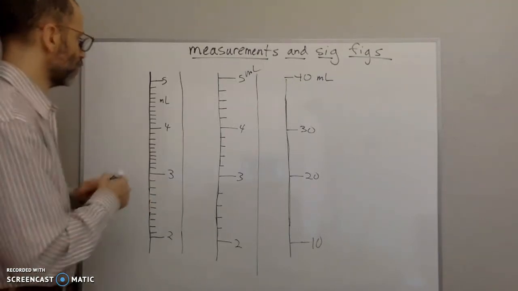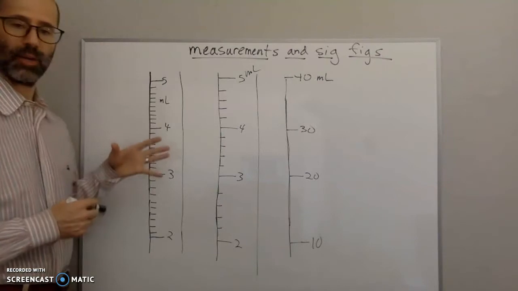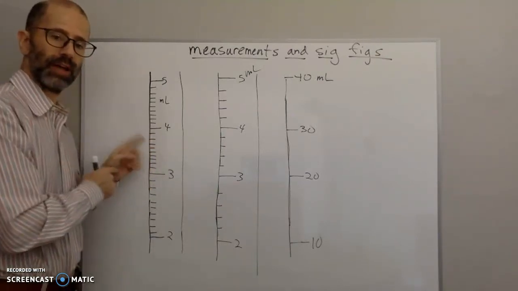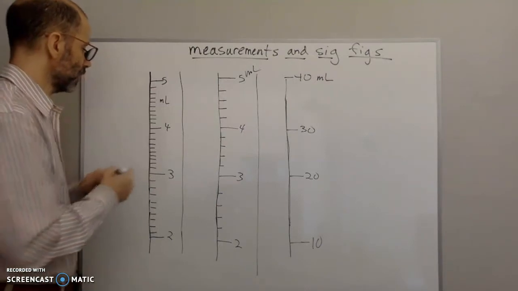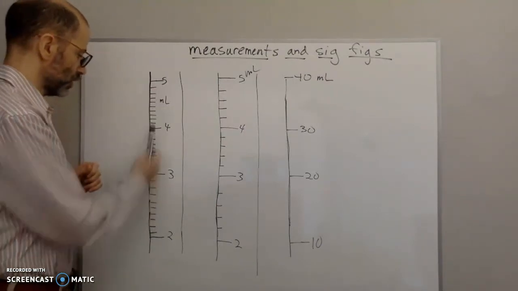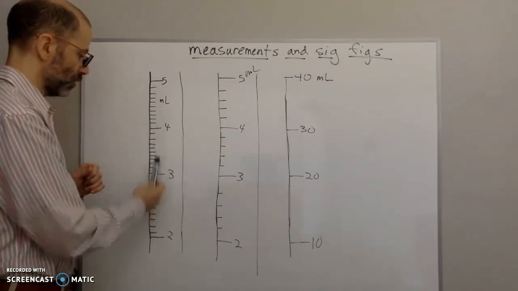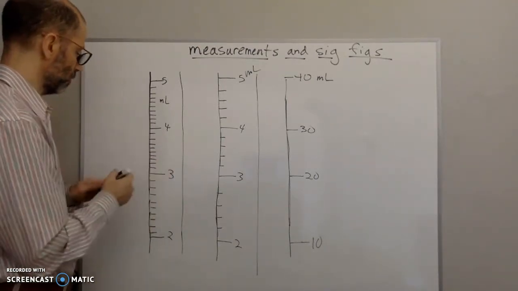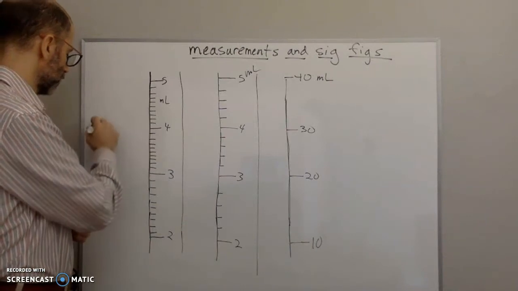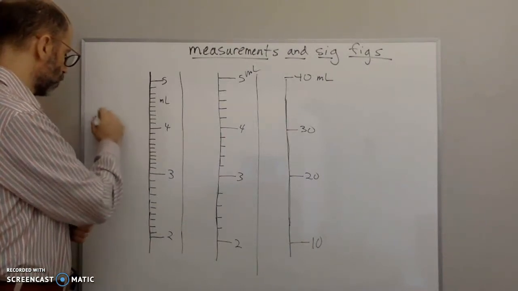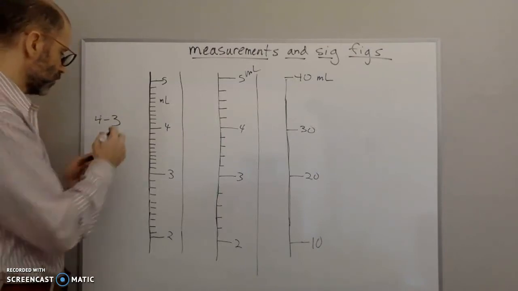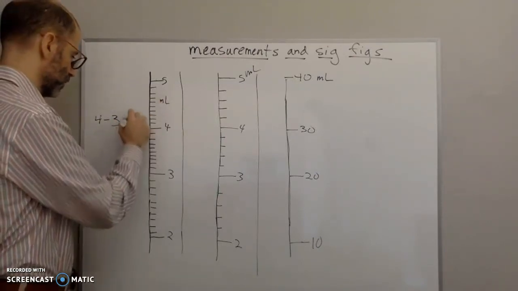So in the last video, again, the way you figure out your increment value is you take two consecutive numbers on your device that are measured. So here I can take 3 and 4. I can subtract the lower from the higher, so 4 minus 3, and that's going to be milliliters.